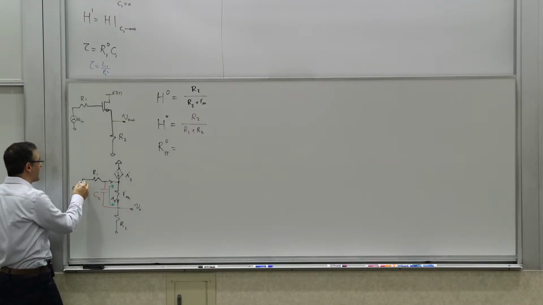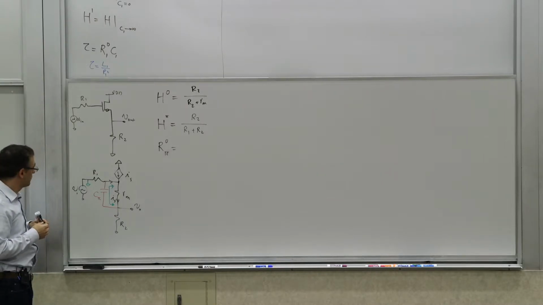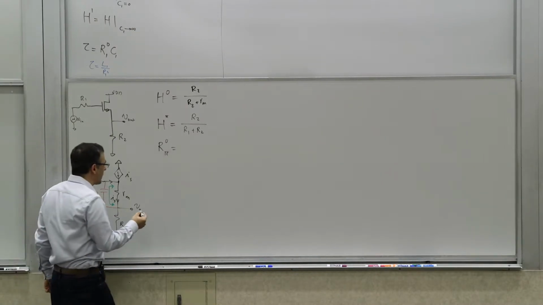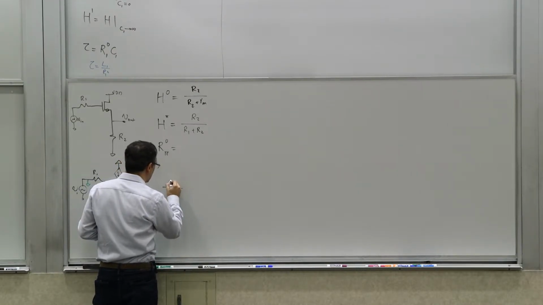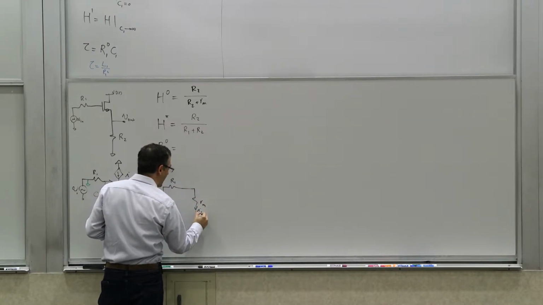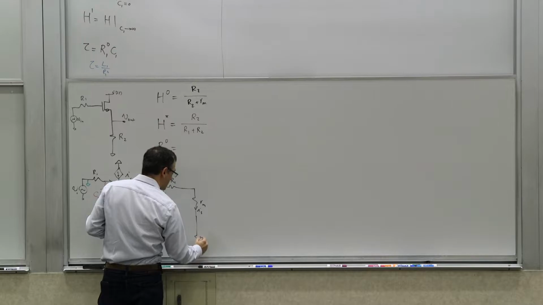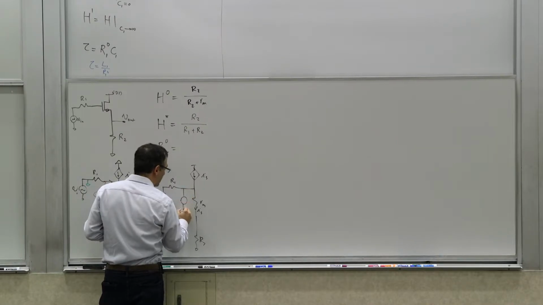So when I'm nulling this voltage source, this has to become a ground, right? This becomes a ground. So what we are left with is something like this. So we have R1 to ground, you have Rm, you have R2, the current source Is, and then you want to determine that resistance.